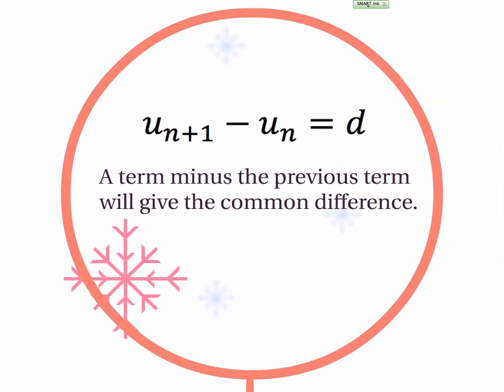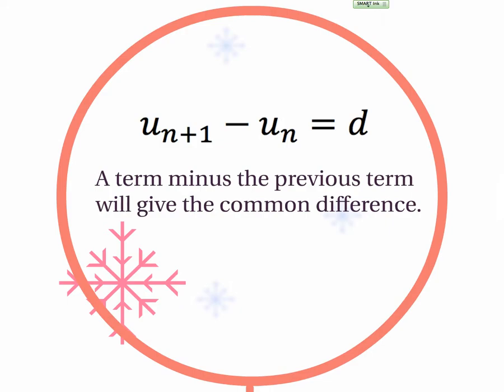Okay, so this formula is not in your packet, but honestly, it's something that you will memorize very quickly. So going back to what we talked about yesterday, what does U sub n mean? What does U sub n mean? The nth term. So what does n plus 1 mean? The nth term plus 1, the next term.